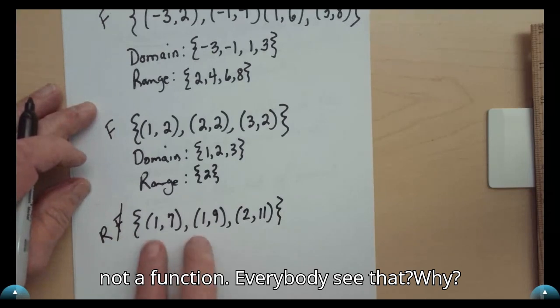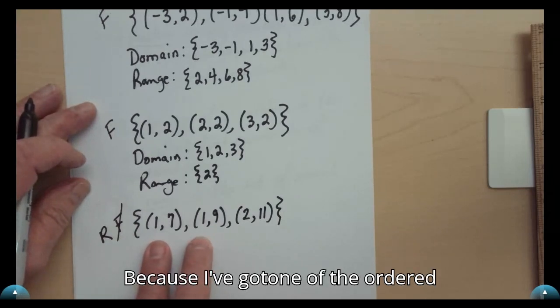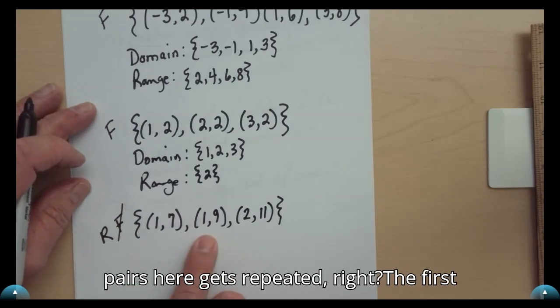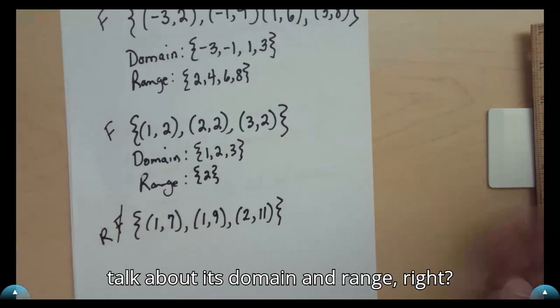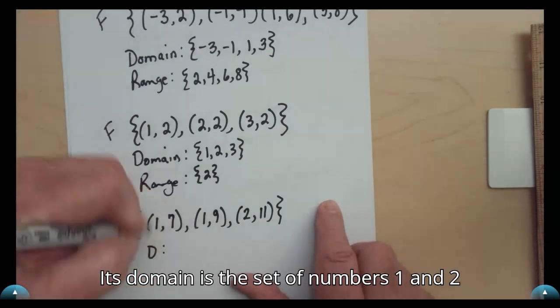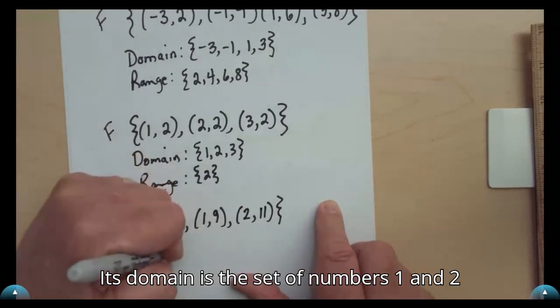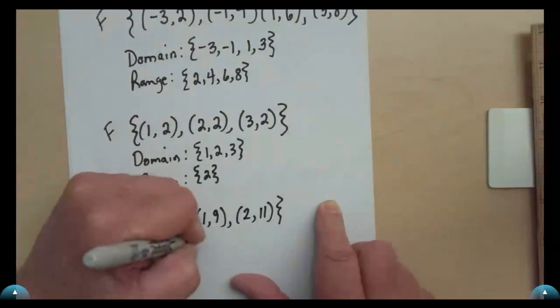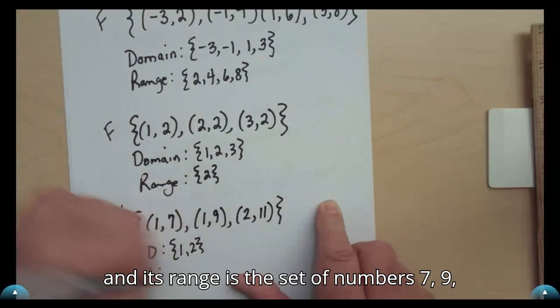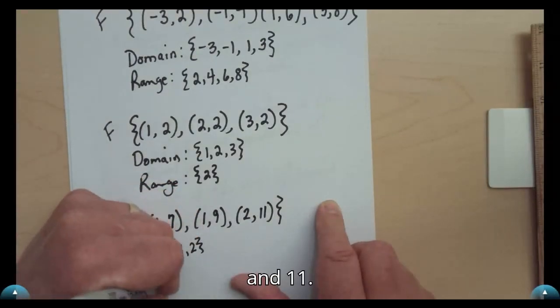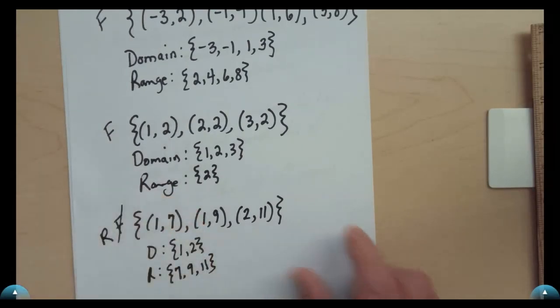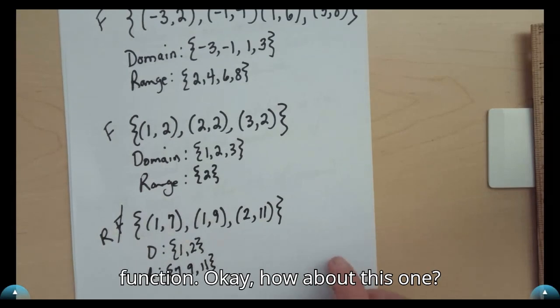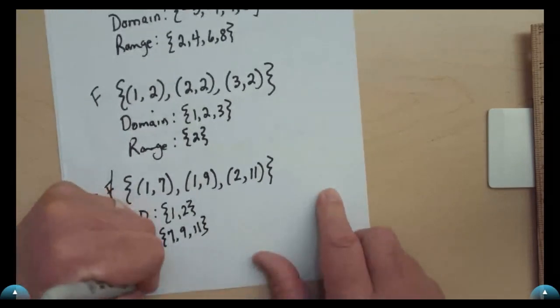Everybody see that? Why? Because one of the first coordinates gets repeated. We can still talk about its domain and range, right? Its domain is the set of numbers 1 and 2. And its range is the set of numbers 7, 9, and 11. And it's a relation, but it's not a function. Okay, how about this one?